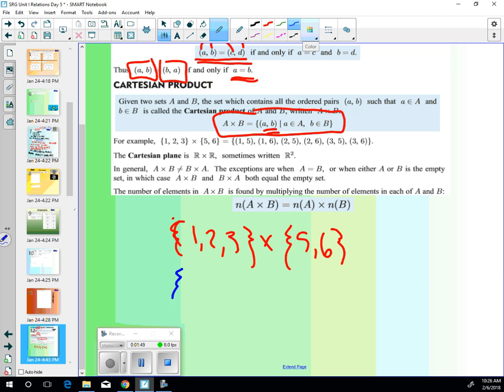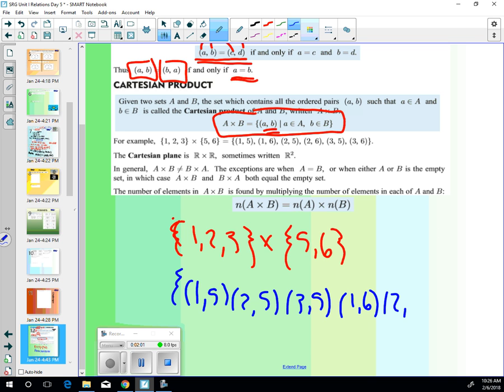Can you see how it's going to be a whole bunch of things? (1,5), (2,5), (3,5), and (1,6), (2,6), and (3,6). So from this A, this is A, and this is B, how many of those pairs are we going to have? Just by looking at this 3 and this 2, how many are you going to have?